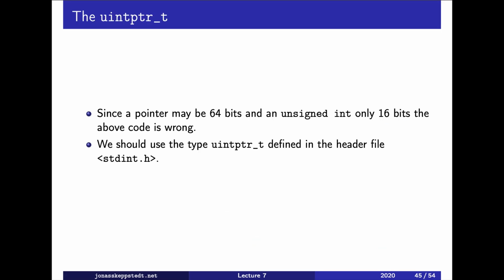It's called uintptr_t. The U is for unsigned, and there is a similar one without the U for signed. And this type has exactly the same number of bits as a pointer. So then we can do the arithmetic with that.